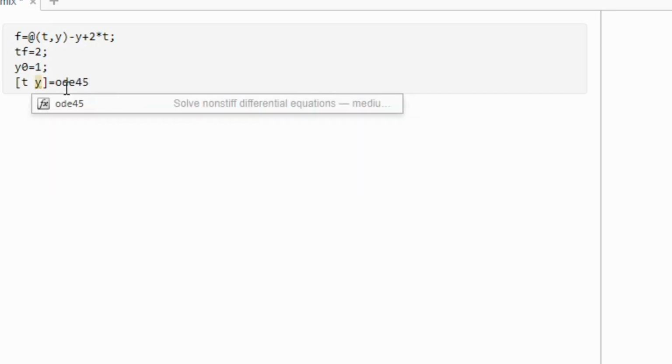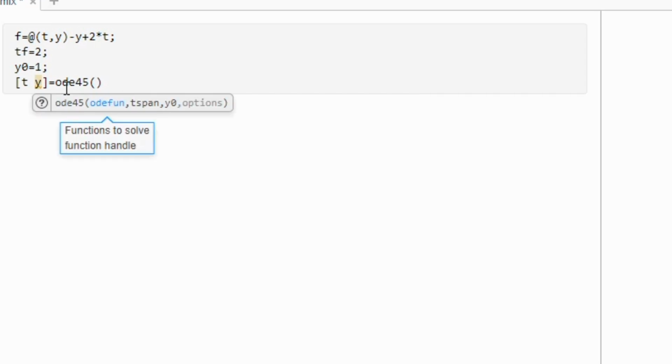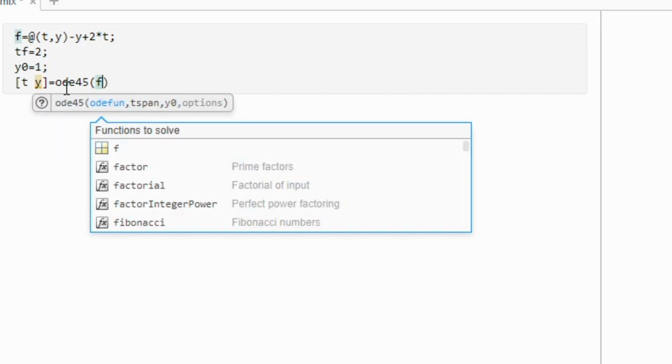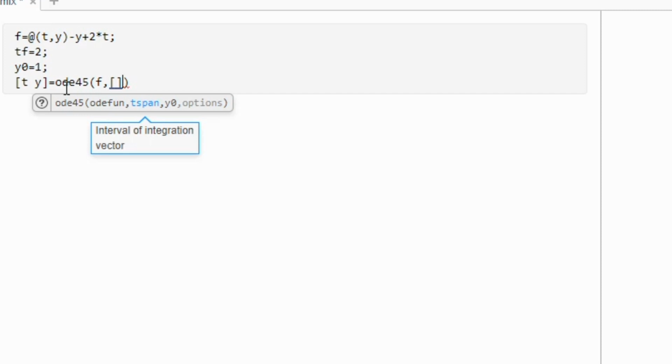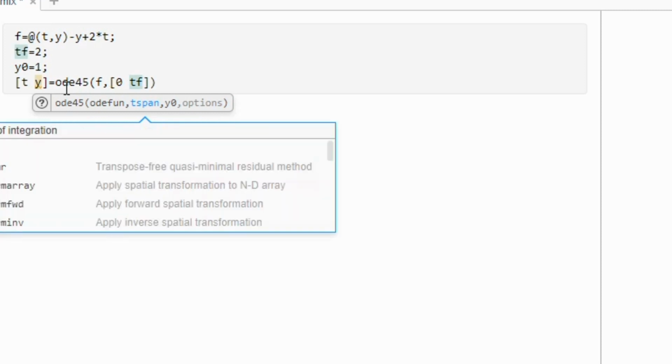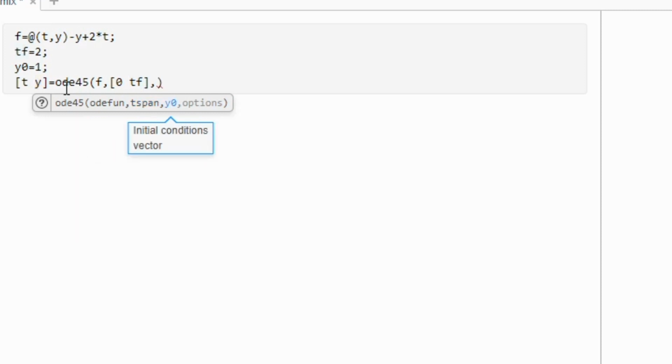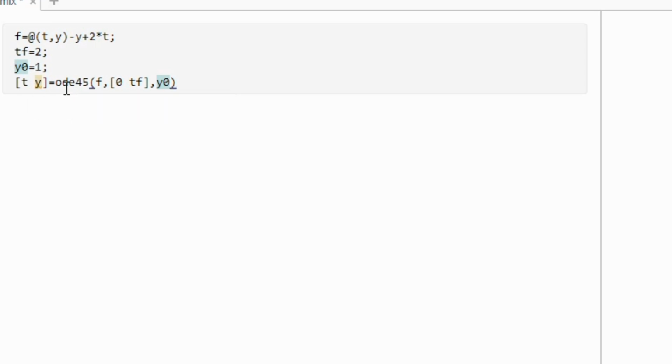So this is t y is equal to ode45. Okay, so it is f comma, yes, here I will type [0 tf], and now we'll write y naught, y0, with semicolon, plot.